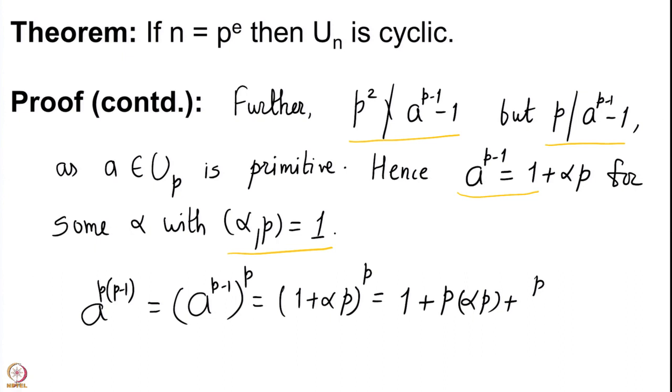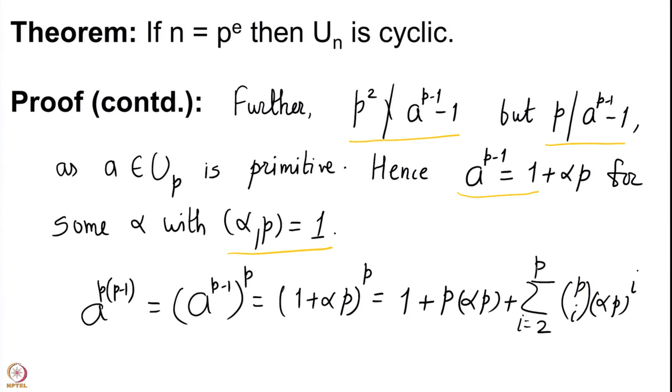I will just put a summation sign here, because all the remaining terms will have summation p choose I, 1 to the power p minus I, and alpha p power I, where I goes from 2 to p.